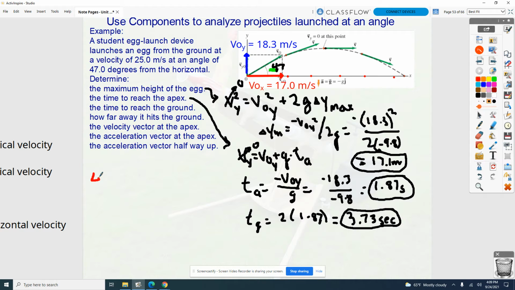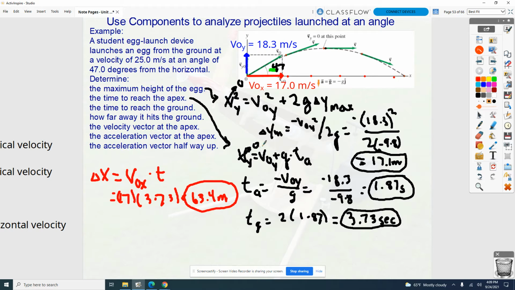Delta x, using a UAM equation, is just v naught in the x times time. There's no acceleration that way. So 17 meters per second multiplied by 3.73 seconds, and we get about 63 meters, maybe 63.4. And we have now how far it travels horizontally.